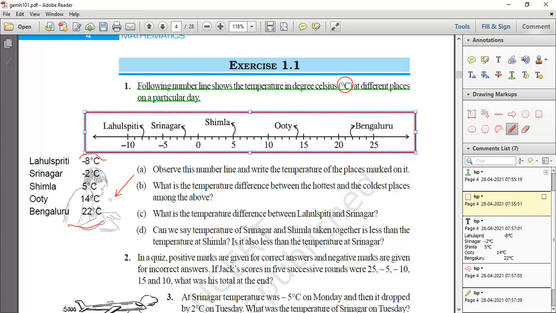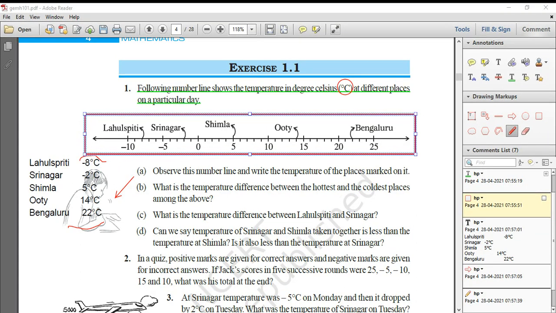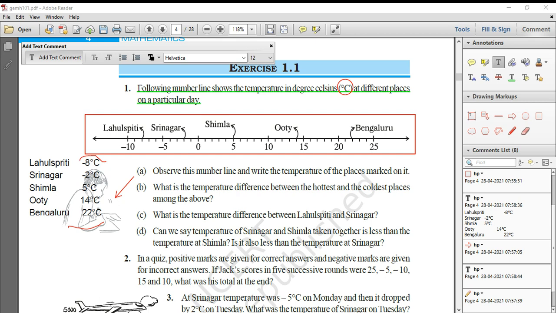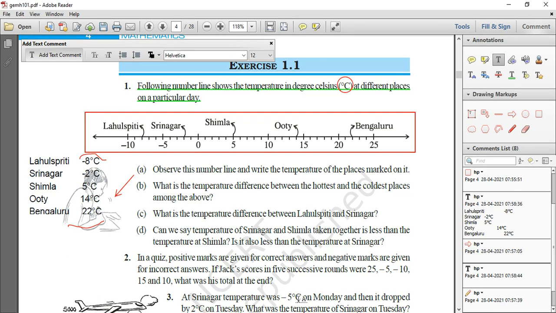So the answer for this question is 22 degrees minus -8 degrees.